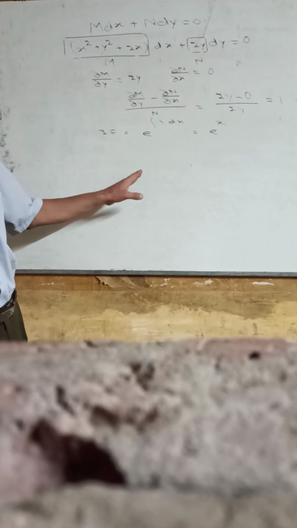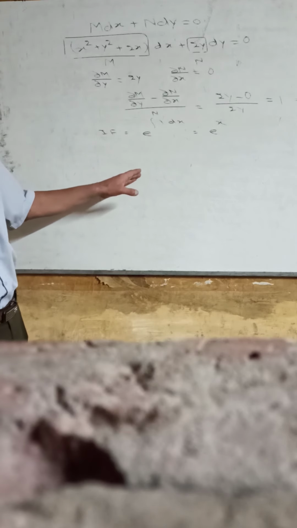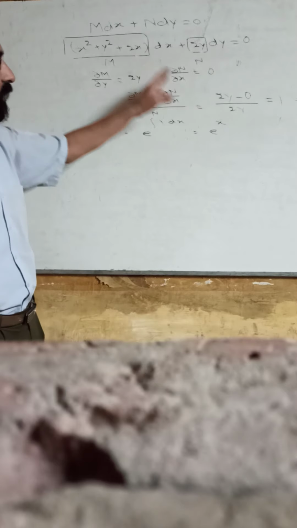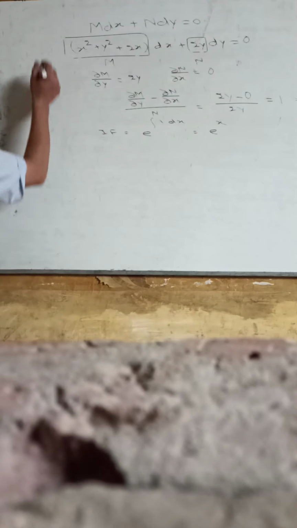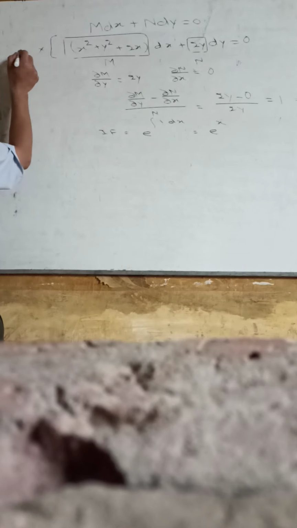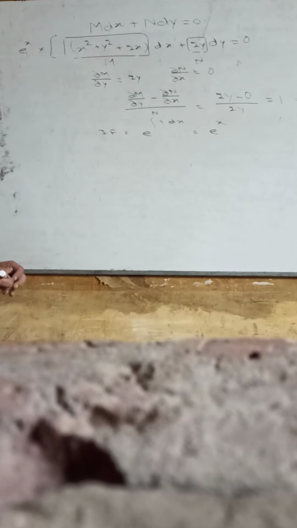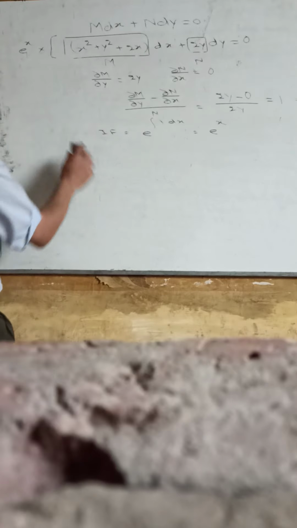After finding the integrating factor, our next job is to multiply the given equation with the integrating factor. So multiplying this equation with e raised to the power x, what are we going to get?